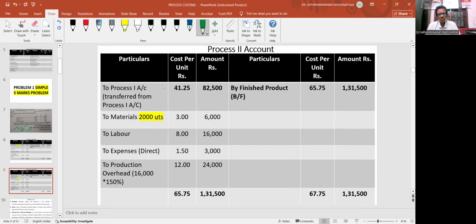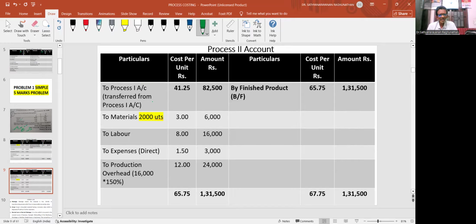So while you are opening the process 2 account, the process 1 account output will be the input for the process 2 account. So though you are opening the process 2 account, in the debit side of the process 2 account, we cannot write it as 'to process 2 account'. We have to write it as 'to process 1 account'. What is the meaning of that is what I have mentioned in the bracket: the output of the process 1 account has been transferred to the process 2 account, transferred from the process 1 account.